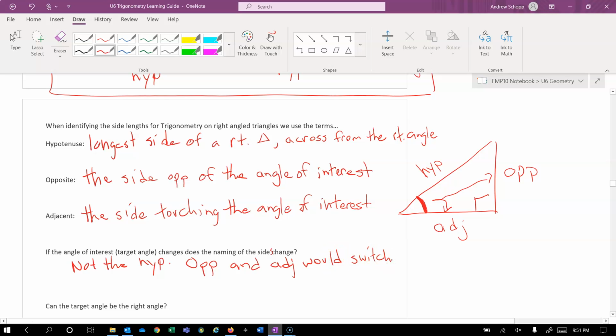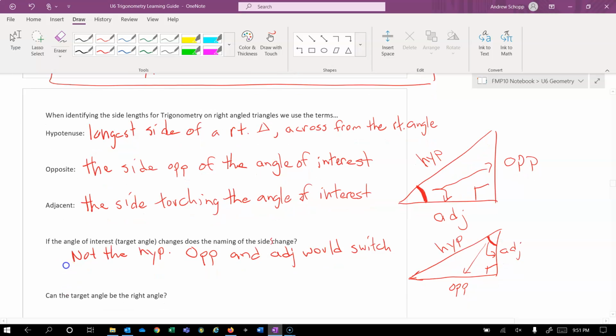So for example, if I drew the same triangle below, this side here would still be my hypotenuse, no matter where my angle of interest is. But if I move the angle of interest to be here, then the opposite would switch to be this side down here. And the adjacent would be over here. So depending on where your angle of interest is, that will determine where your opposite and your adjacent sides are.